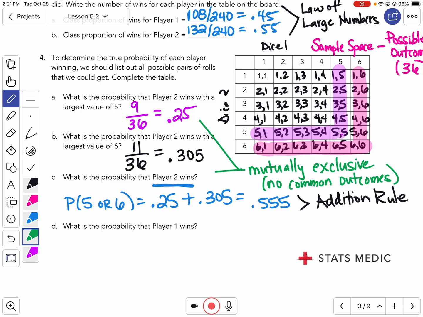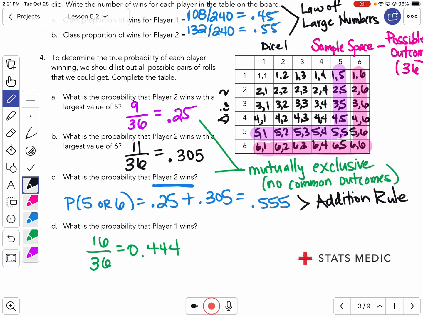It's 16 out of 36. And if we do that division, what do we get? 0.444.